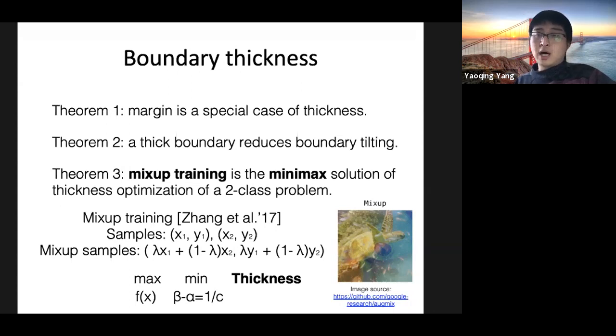Of course, it requires some complexity requirement of the function itself. But this theorem sort of shows that mix-up training is a way to increase thickness, and we will also show using experiments that indeed mix-up can increase the boundary thickness. Thanks for the question.